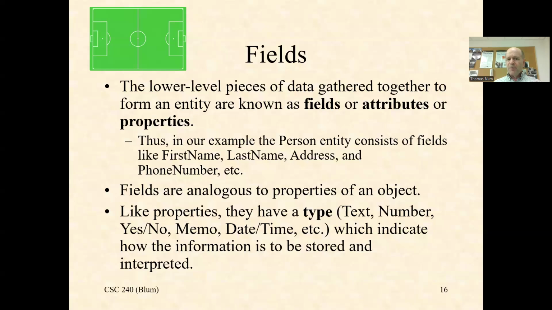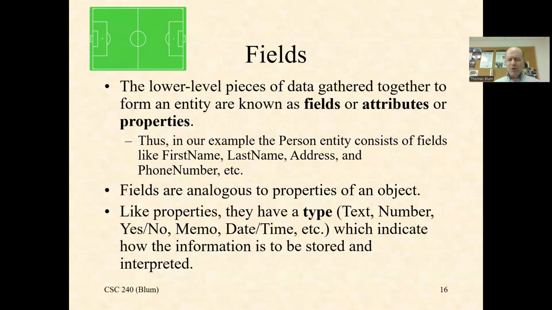And then also, like in programming, you start to talk about types. So I have a first name, that's probably going to be a string. The phone number: am I going to write it as a number, or as a string? It probably consists of numbers, but do I do anything numeric to it? Do I ever add it? Those are decisions that you will make. If you are figuring out somebody's salary, that will be some kind of a number.